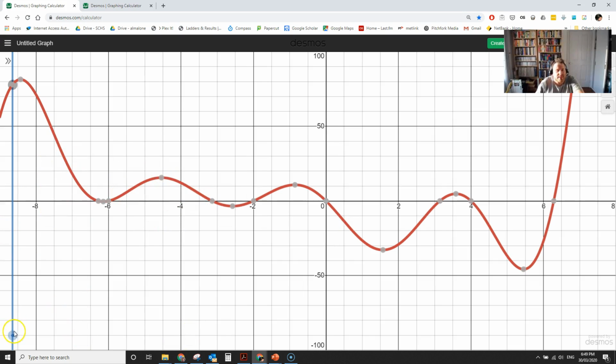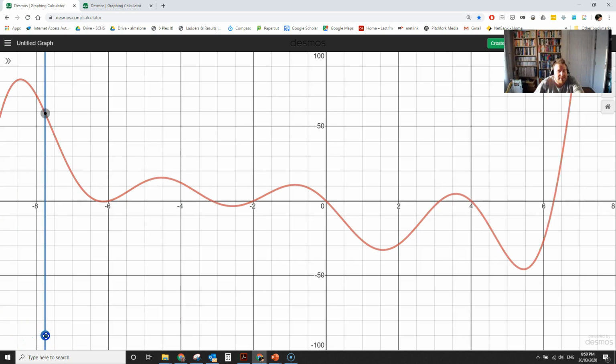How do we know if this is a function or not? Well, what we want to do is imagine taking a vertical line and just dragging it along here. And if it only ever cuts the graph once, then you've got yourself a function, because that means any x value you want to plug in only gives you one unique y value.